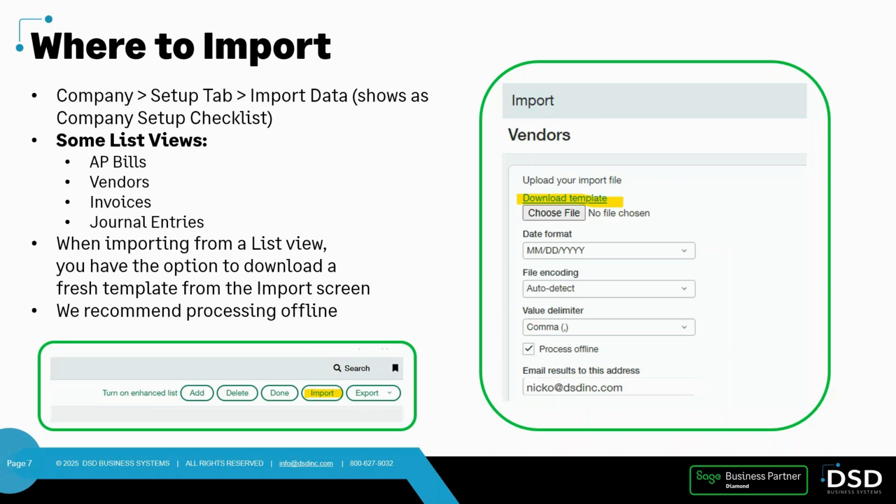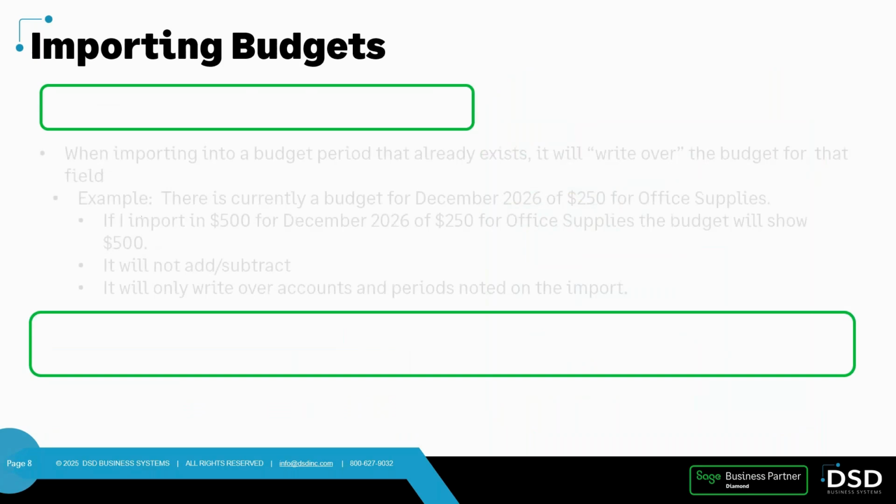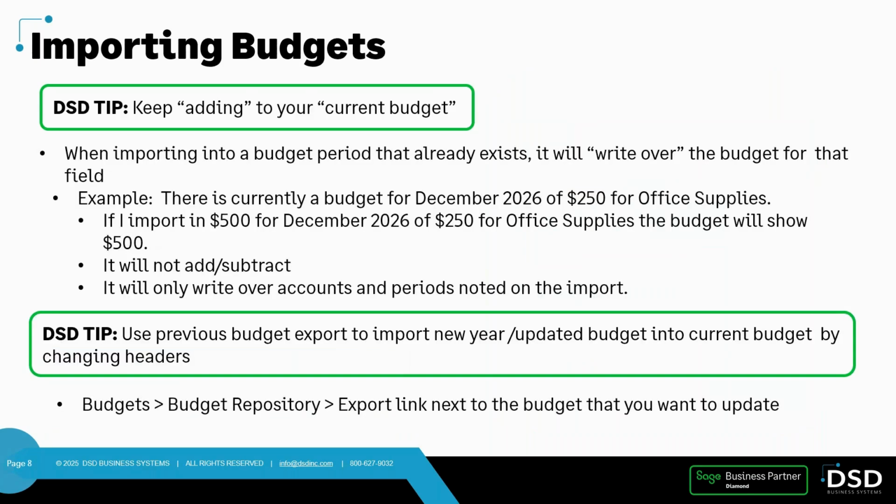All right, budgets. With budgets, I've seen many a client have different budgets for each of their fiscal years. They may have fiscal year 2024, fiscal year 2025, and so on and so forth. Our recommendation is that you create one master budget, and you load the various different years into that one master or current budget.